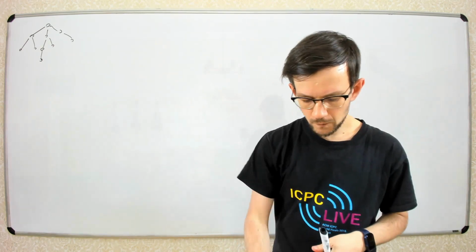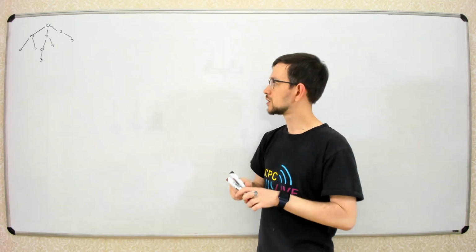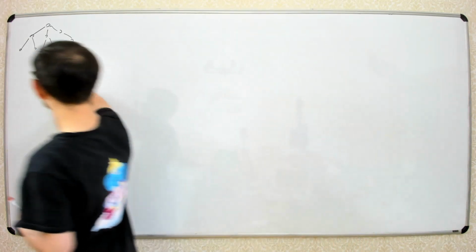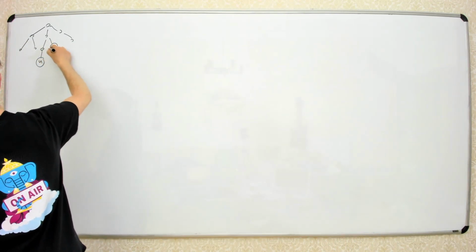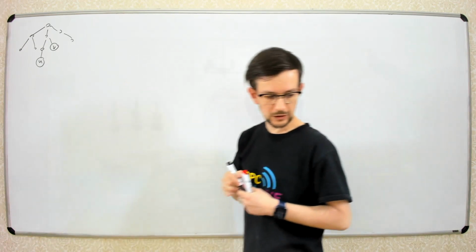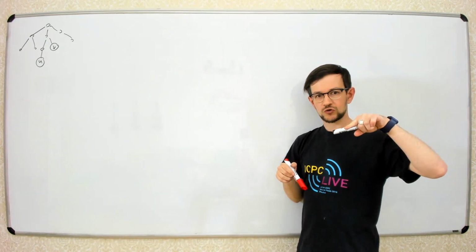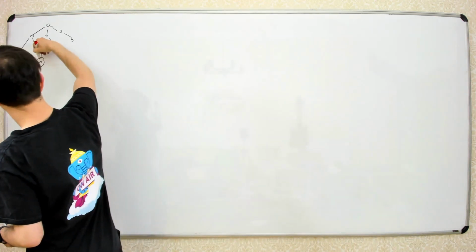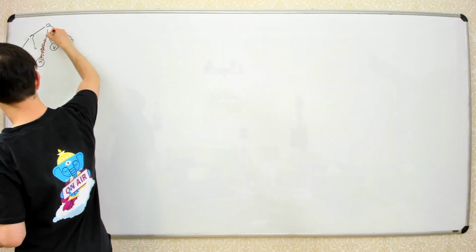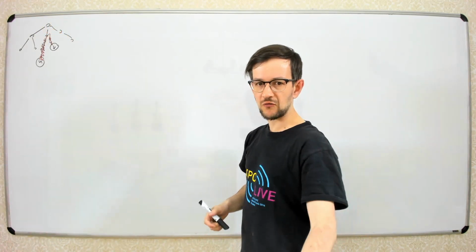And what you want to do is to calculate some function on some path on this tree. So you're given two nodes, node U and node V. And look at the path from U to V. So you look at this path and try to calculate some function on this path.